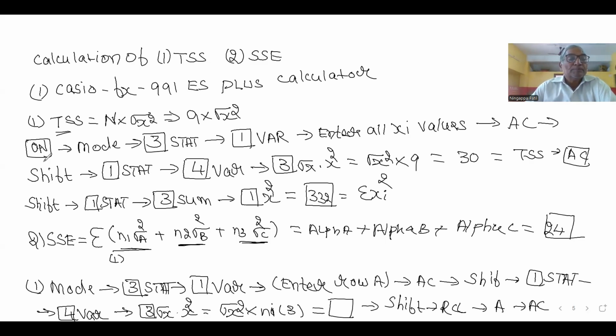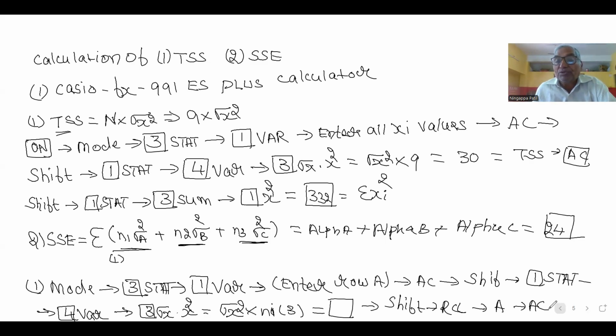For this purpose, on the calculator, press the mode button, and then the third button, that is stat, and then the one button, variable, and you have to enter all the xi values there.